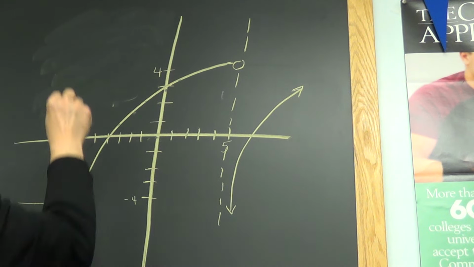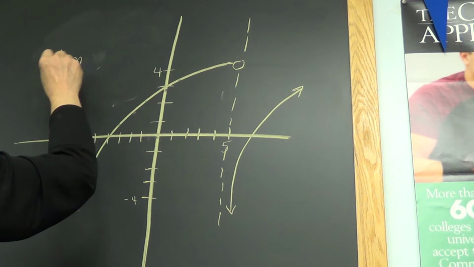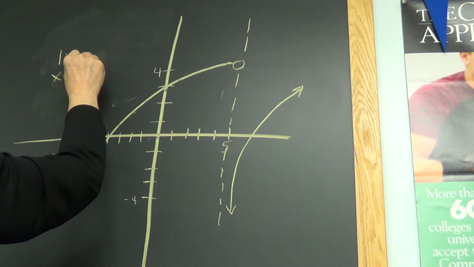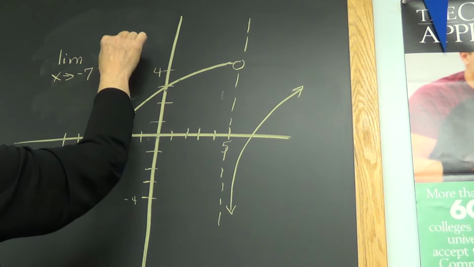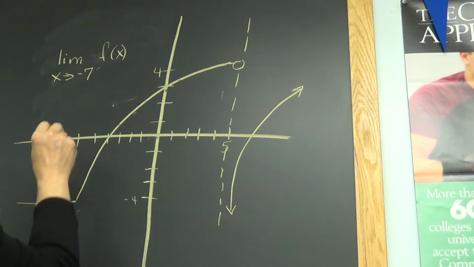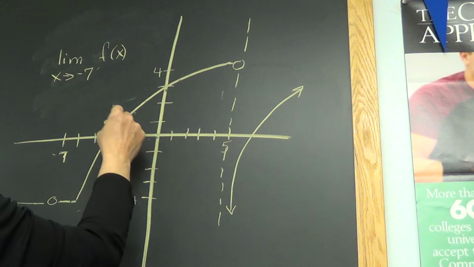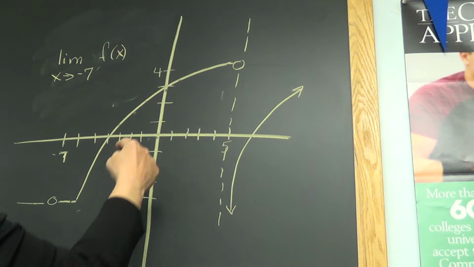Alright, let's try this one. What's the limit as x approaches minus 7 of f of x here? So we're going to get closer and closer to minus 7. And as we do, I'm going to do it piece by piece.